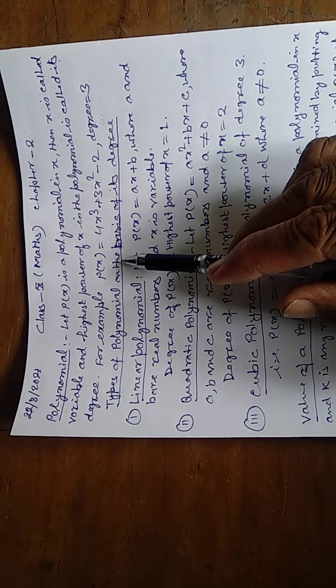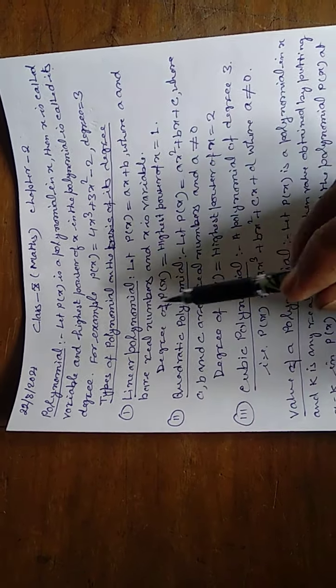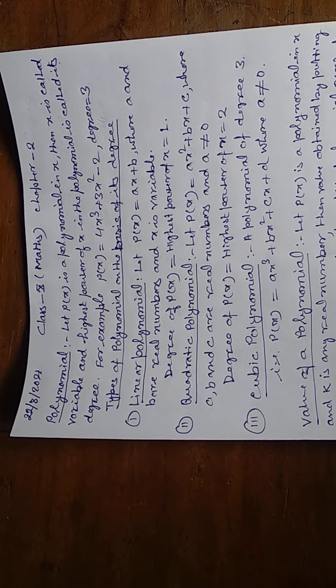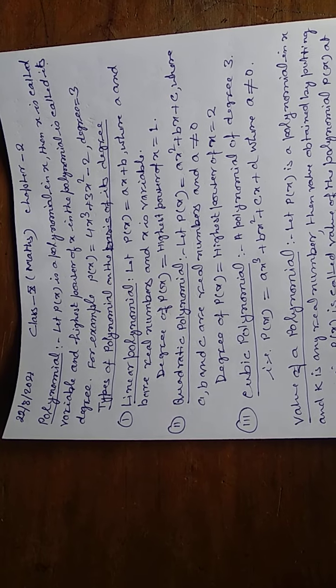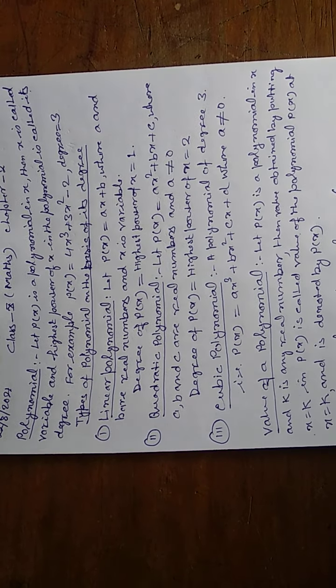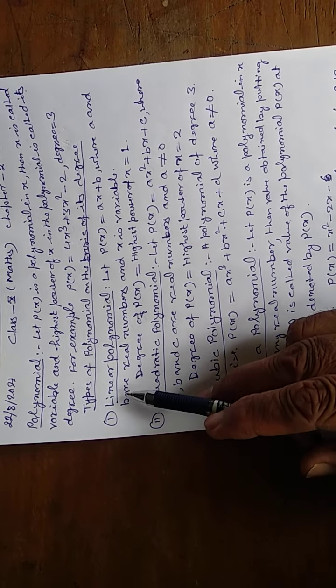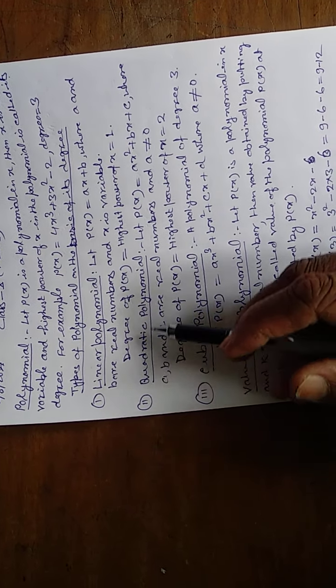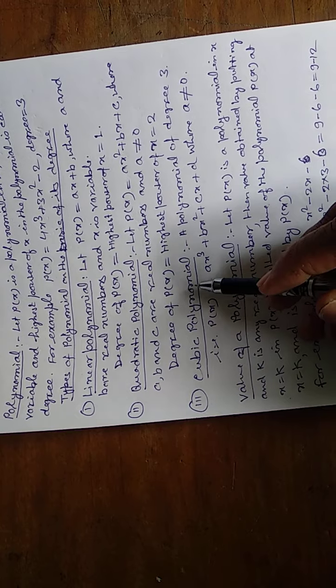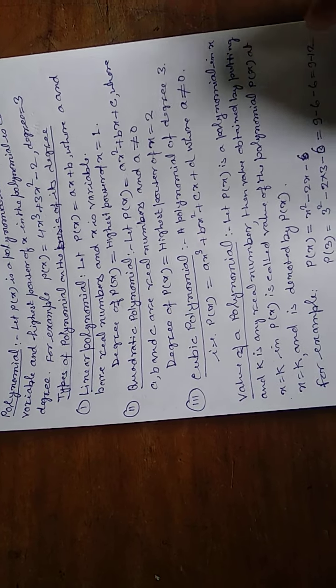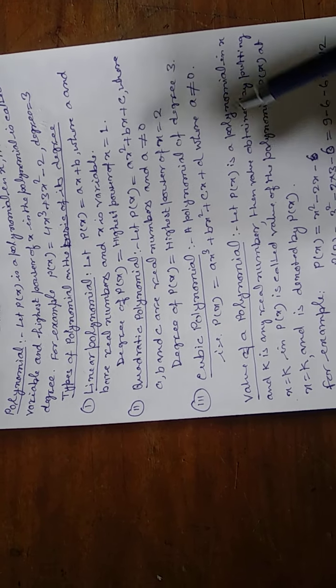Now types of polynomial on the basis of its degree. In class 9 you have learned about the linear polynomial, quadratic polynomial, cubic polynomial and constant polynomial. Here we recall only the three polynomials: linear, quadratic and cubic. In linear polynomial, its degree is 1.